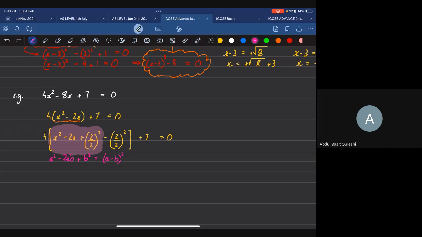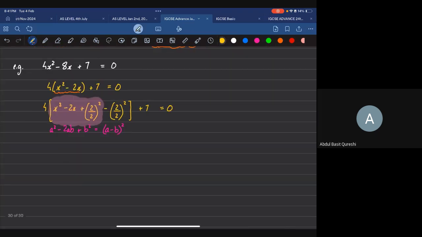Clear? All right. Now you're going to have it as this. So it's going to be 4 times x minus, 2 over 2 is obviously equal to 1, so it's going to be x minus 1 whole squared minus 1, because 2 over 2 whole squared is equal to 1 and 1 squared is also equal to 1.